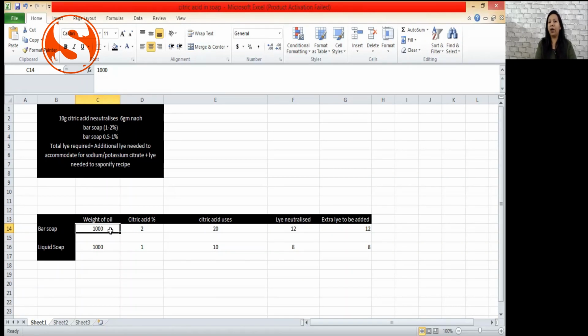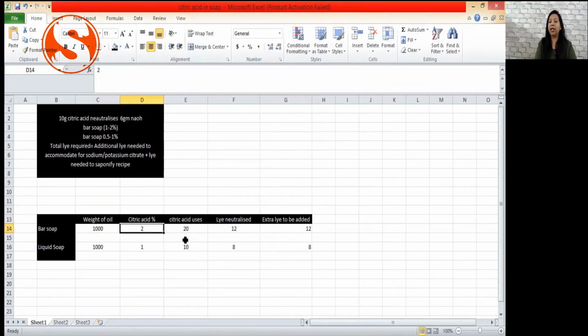So if your weight of oil is 1000 grams, a 1 kg batch, 2% citric acid means 20 grams of citric acid. Since 10 grams neutralizes 6 grams, 20 grams is going to neutralize 12 grams.